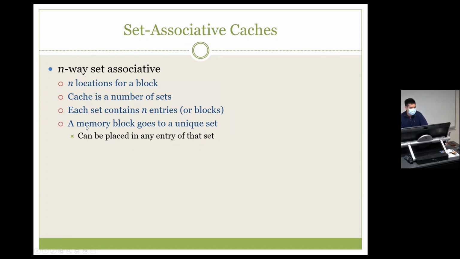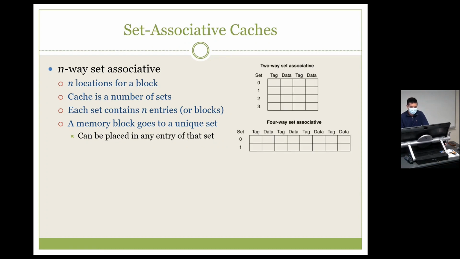And any memory block goes to a unique set, so we know which n entries to search through. And it can be placed in any entry of that set. Okay? So if I'm mapping to 0, I can go here or here. That's it. I only need to check this tag and the valid bit here, as well as this tag and the valid bit here.